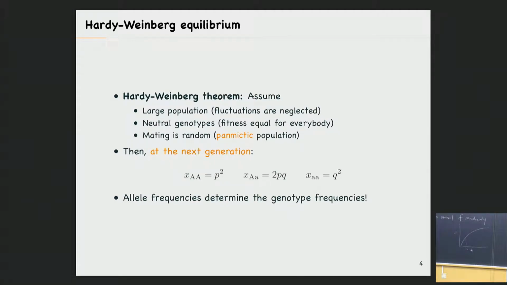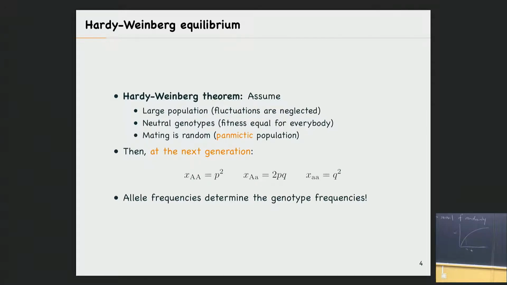So fluctuations are neglected. It's purely deterministic. Second, neutral genotypes. It means that there is no selection effect over which alleles appear. So all individuals have the same fitness, at least as far as this locus, this particular gene, is concerned.